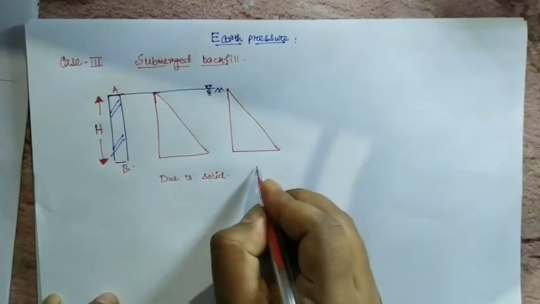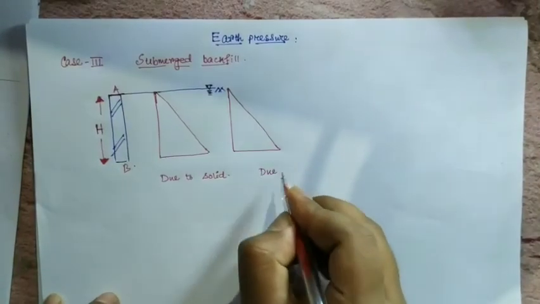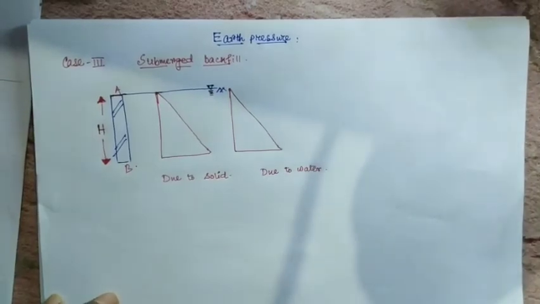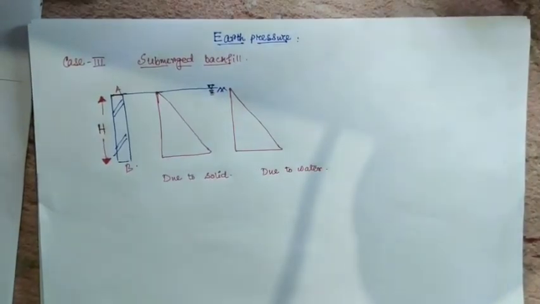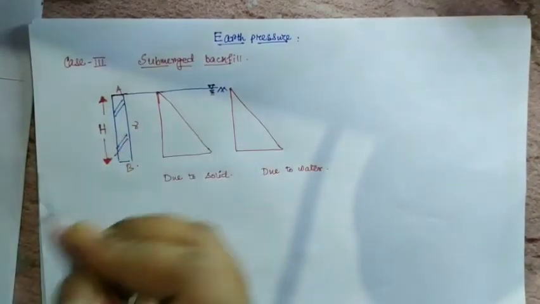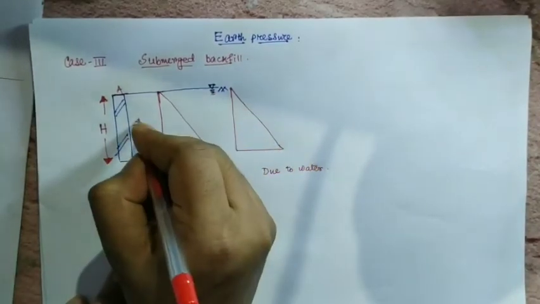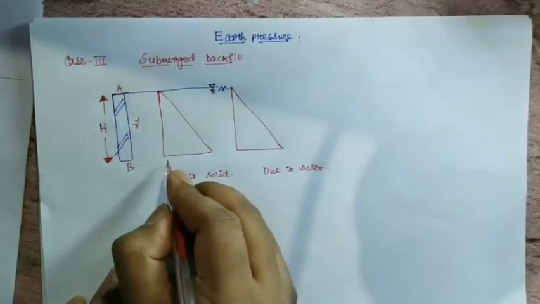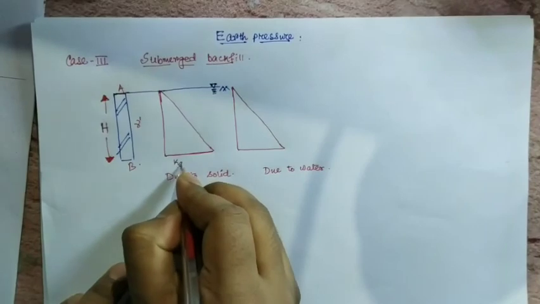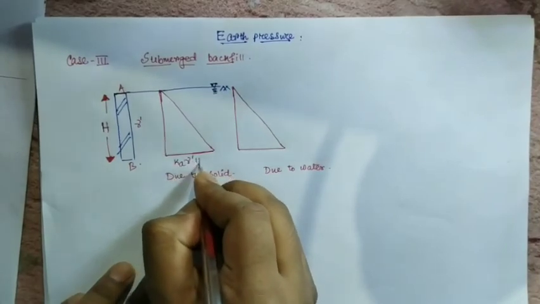So now this is due to water. Suppose the unit weight of soil is gamma. Because it is underwater, it will be gamma submerged. Then the pressure at the bottom will be Ka gamma submerged into H.